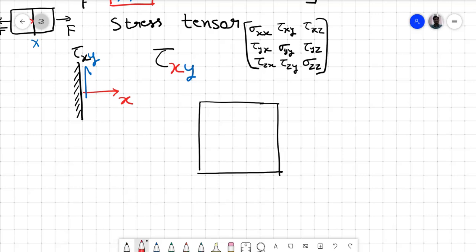Let's say there are forces in all the directions on these surfaces. Now you have to write all the stress components. So I'll just draw these components here.